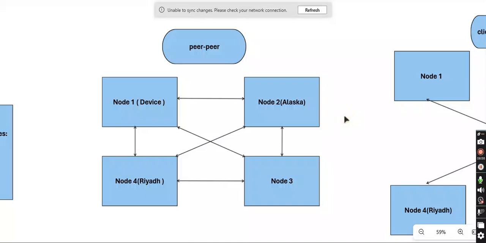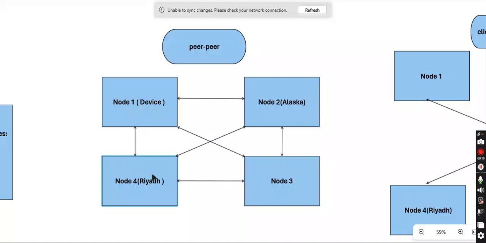So when I'm calling him, there is no center or central server among us. I am directly sending my call to him and he's directly sending back to me. How the call is sent, that medium, we'll study later in this chapter.